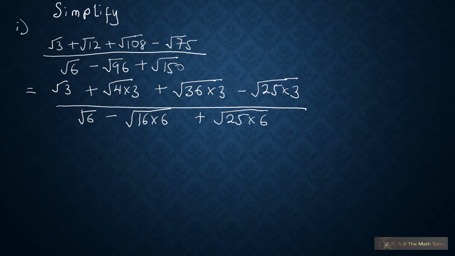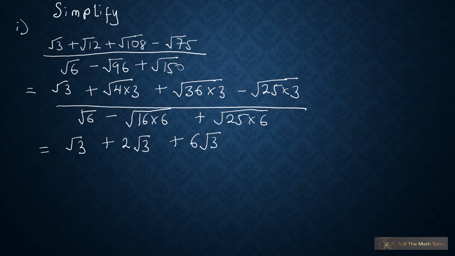Now, let's simplify this further. So we have root 3 plus the square root of 4 is 2, and the square root of 3 is root 3. We have plus the square root of 36 is 6, and the square root of 3 is root 3.